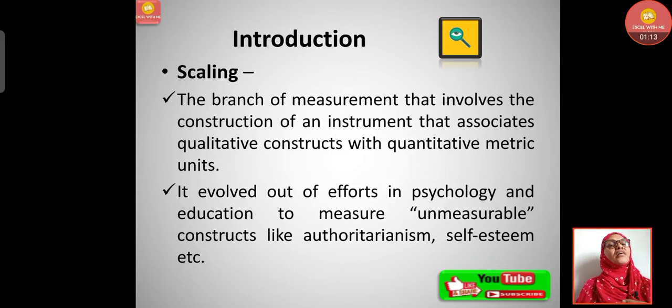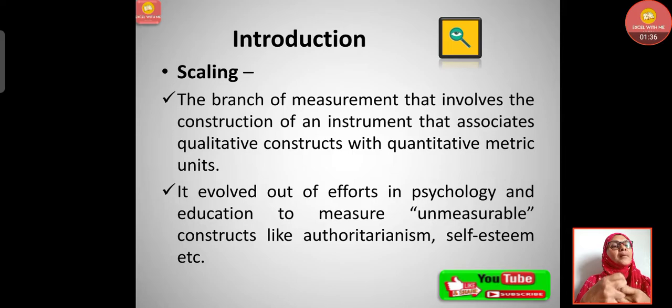Now, it involved efforts in psychology and education to measure unmeasurable constructs like authoritarianism, self-esteem. Many are there. These are simple few examples here. Why? Because some unmeasurable constructs are there, and we need to measure them.